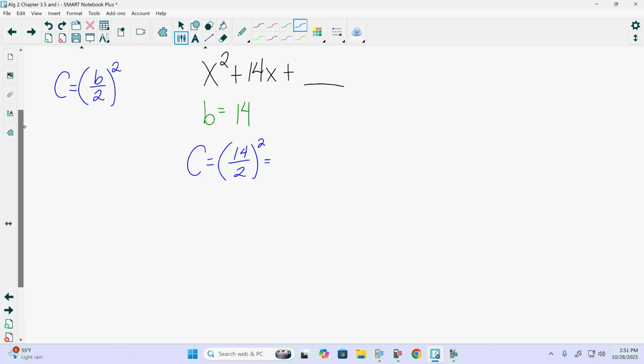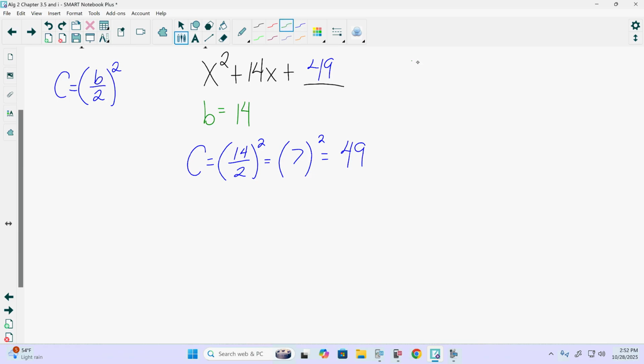What is positive 14 divided by 2? 7. And 7 squared is 49. So what that's telling us is that, given x squared plus 14x, the value of c that would make it a perfect square trinomial is 49. So x squared plus 14x plus 49 is a perfect square trinomial.